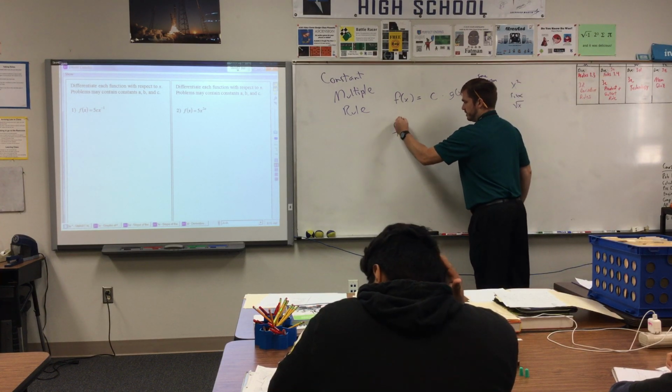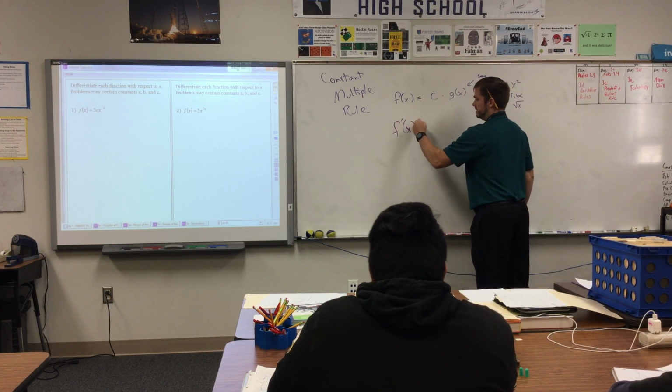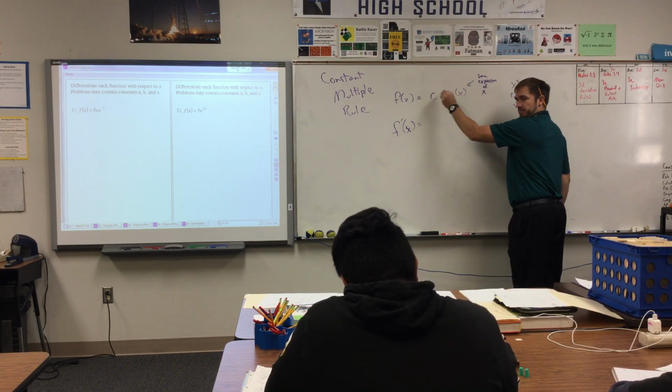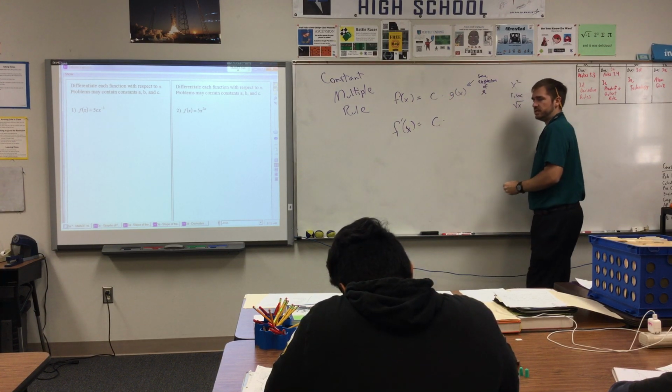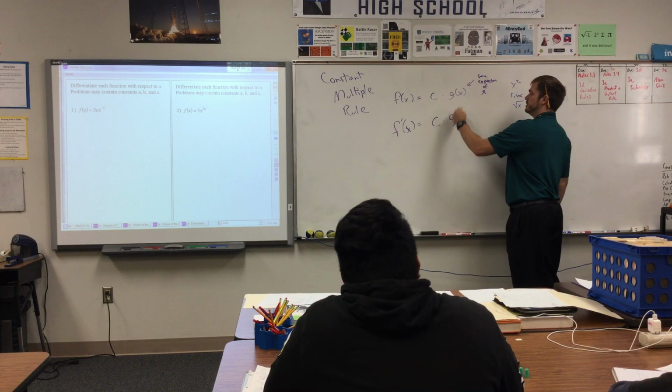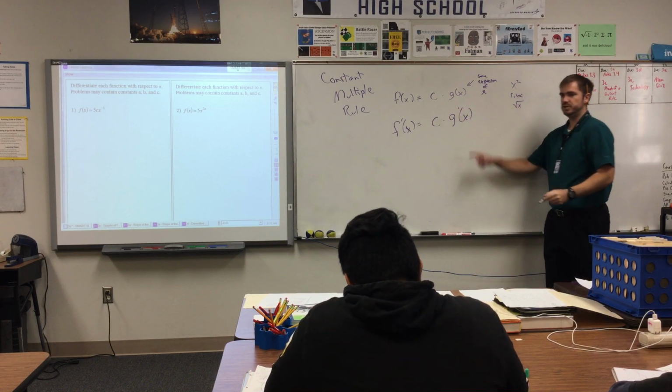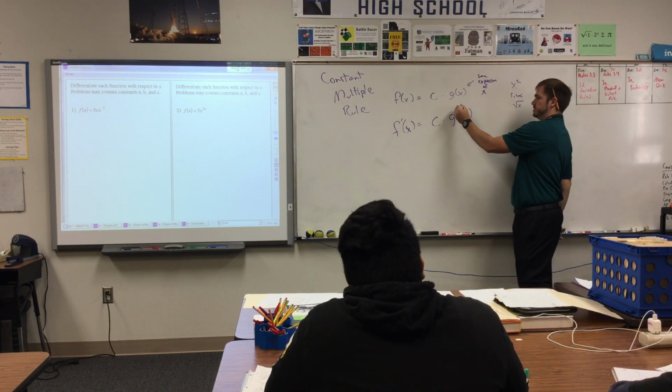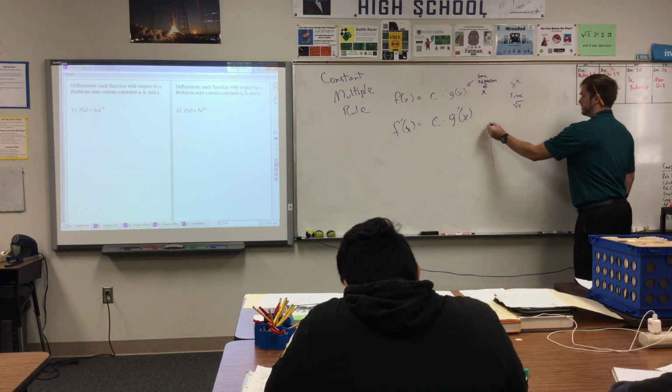The derivative then is that multiplier c times the derivative of g. So that's g prime of x.